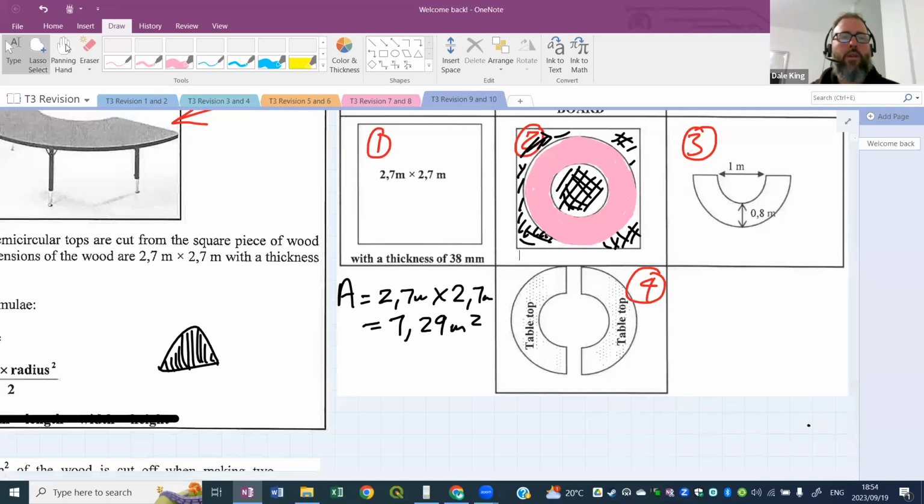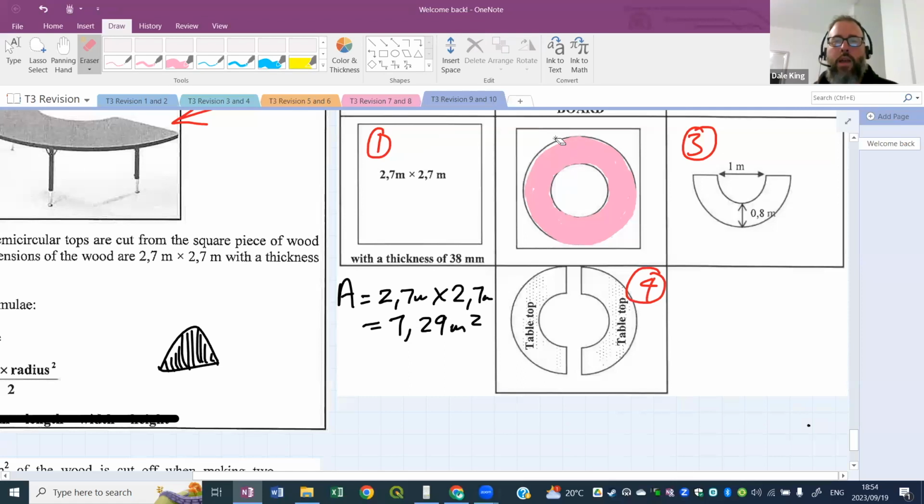Okay. Now, before we do the semicircle, I just want us to get a mental picture of what's required here. So we've got a square piece. There's the white area, and the pink area there, which is the wood of the tabletop. And they want to know, what is the area of the white piece? So if I take the square piece and I minus the pink, I'm left with all the white that's left behind.